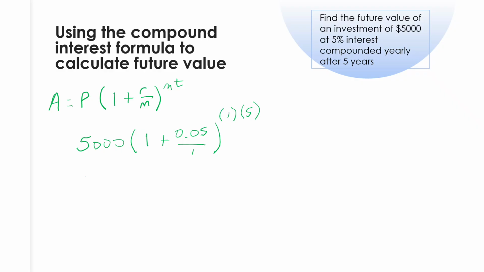So we could go ahead and just put this whole thing into our calculator right away. But I'm going to walk it through a little bit, because 0.05 divided by 1 is just 0.05, and 1 times 5 is just 5.